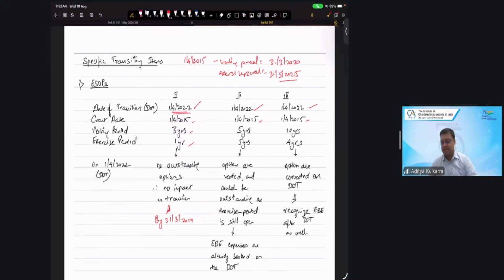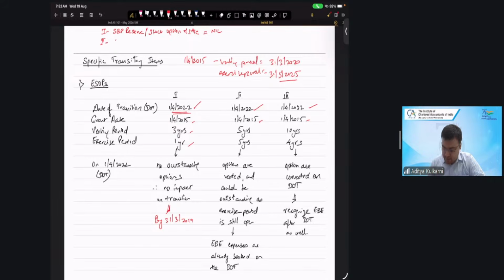So in the first case, now understand carefully. In the first case, can I say that SBP reserve, or what you call as stock option outstanding account, has become nil because the option is completely over from all respects? Yes or no? First case. Okay.